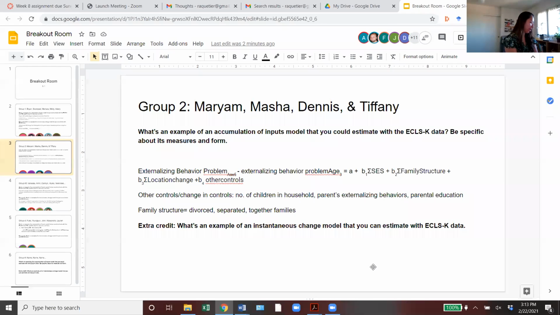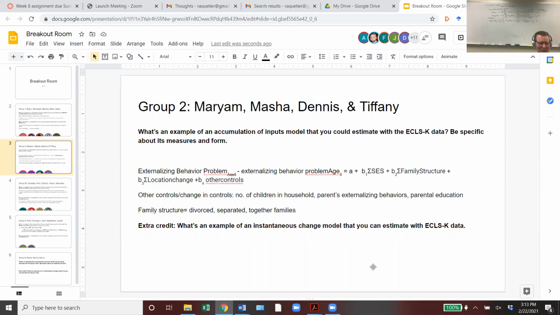And then the last one, B4, is other controls. So we would be looking at the change in these controls, which would be the number of children in the household, so the siblings, parents' own externalizing behaviors, and then parental education. Yes, that is all.